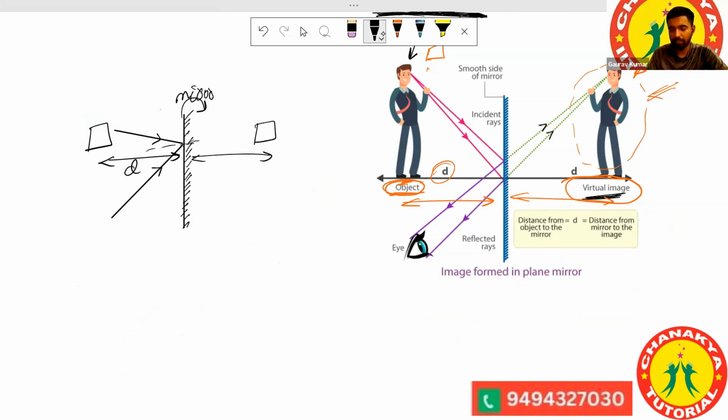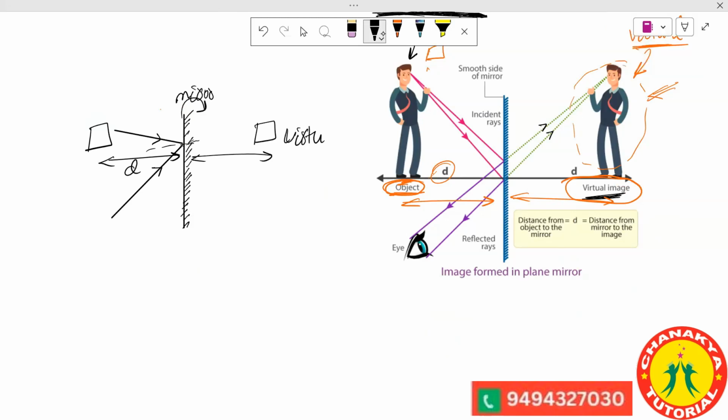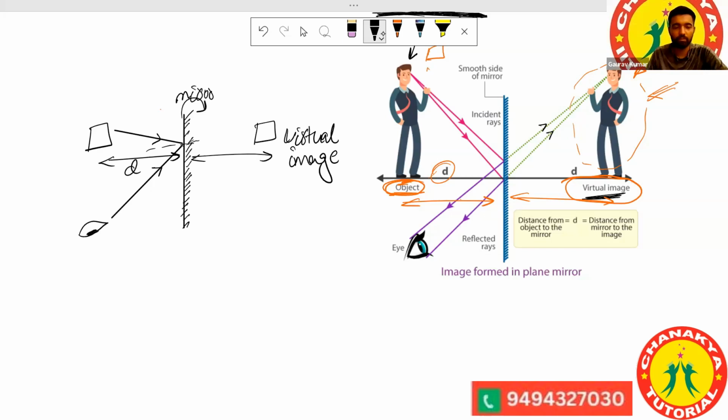Is it less than d or more than d? This is a virtual image. Sir, it is equal to d. Equal to d.